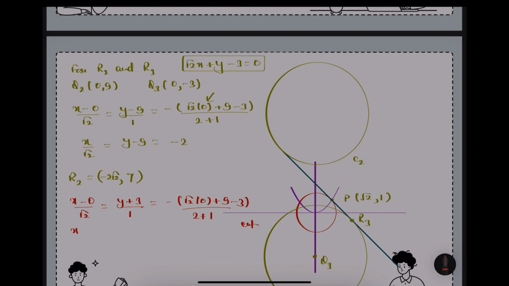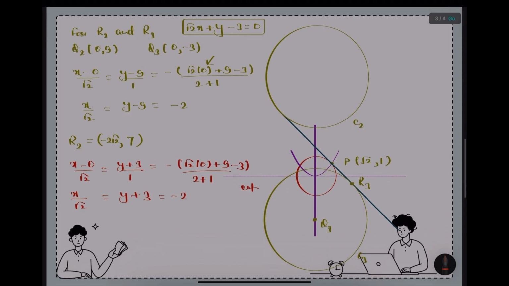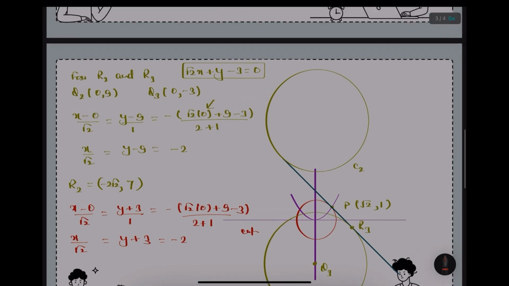Now x minus root 2, y plus 3 is equal to minus 2 now. So again minus point satisfaction, oh sorry, I made a mistake, it was minus 3. So it is minus 3.